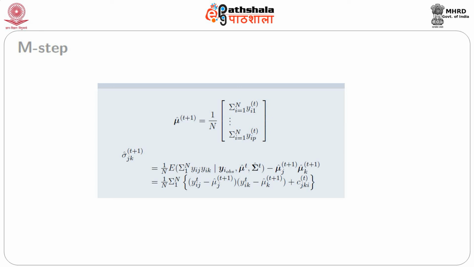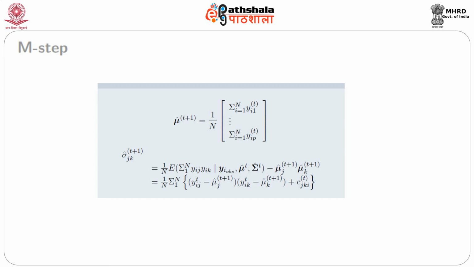Later on, we will again have an R session on how to implement this in R, or rather the EM algorithm in the context of a multivariate normal, and how we implement that in R. So, the question that comes is, what are the possible starting values of mu naught and sigma naught hat.